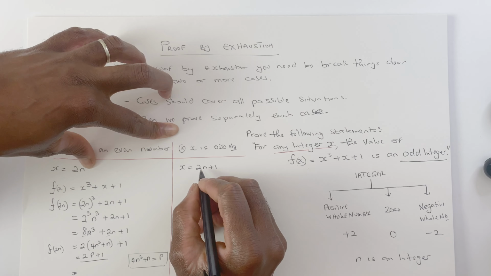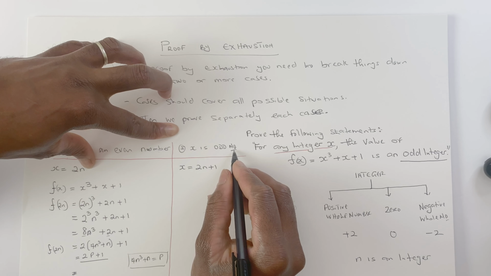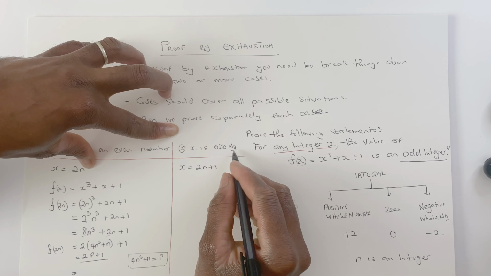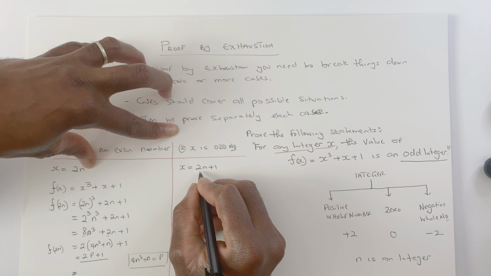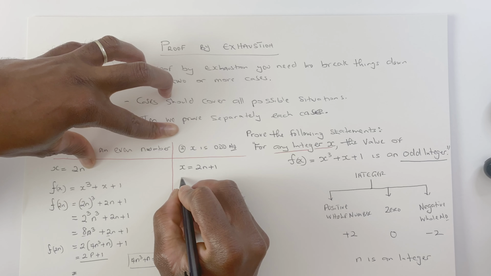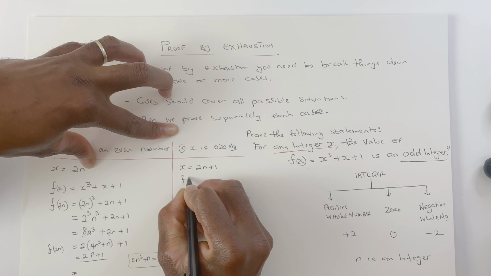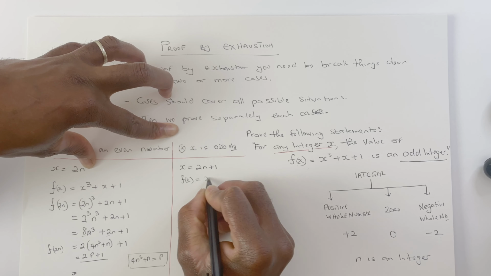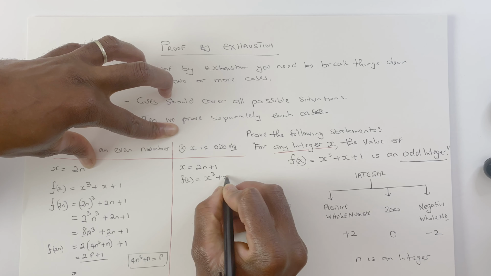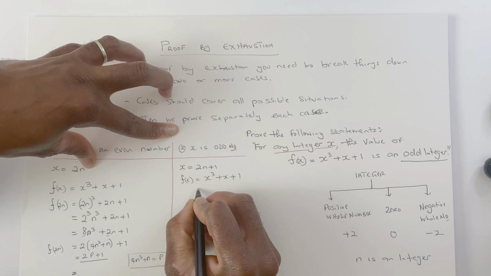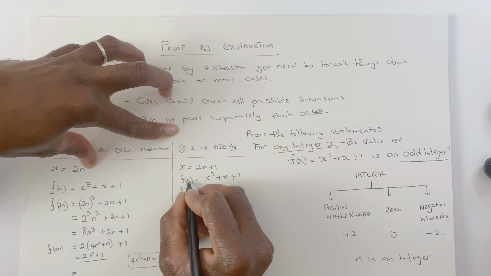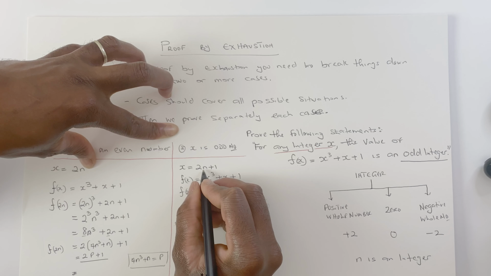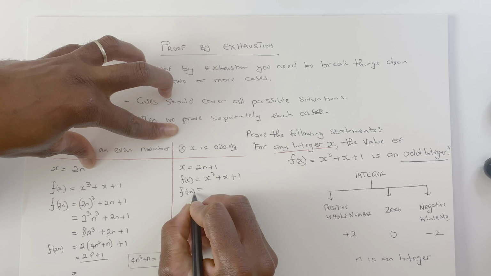What about when x is an odd integer? Well, an odd number is 2n plus 1. So f(x) is x cubed plus x plus 1, and I'm replacing x with 2n plus 1.